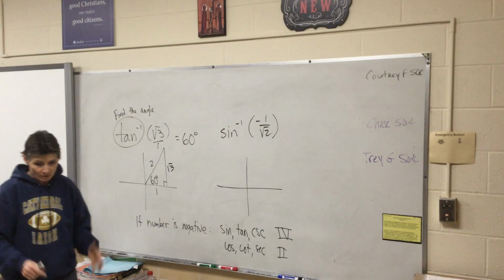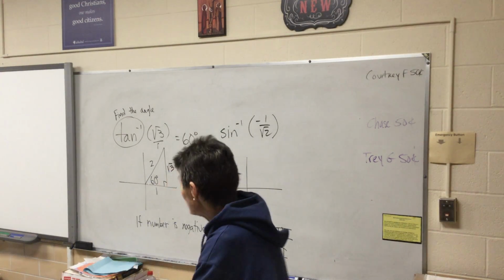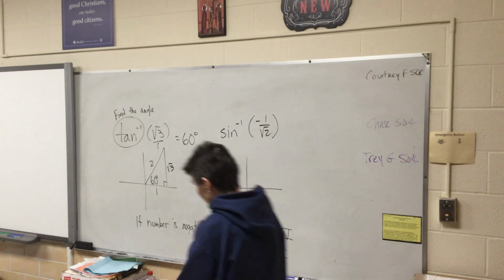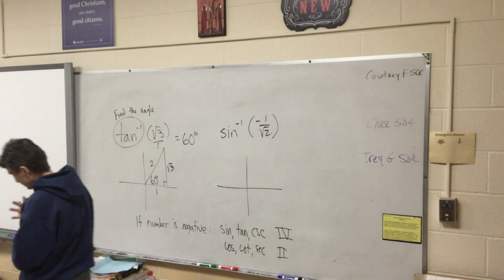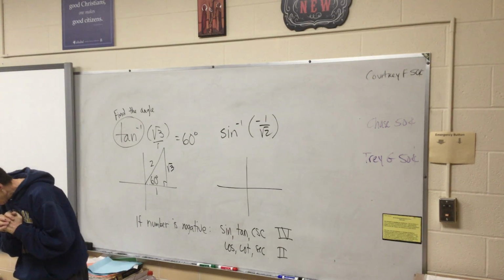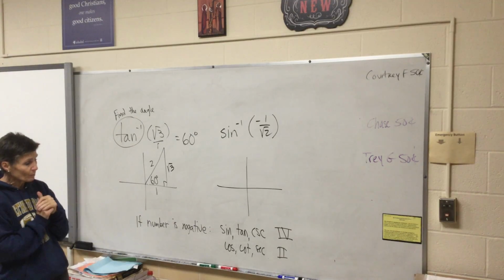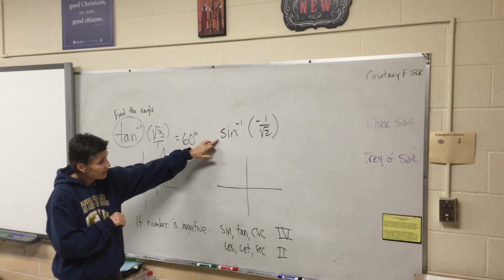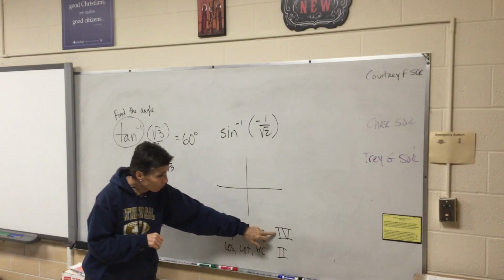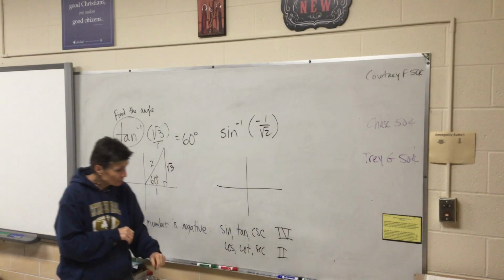So remember, if the number is positive, you're going to draw it in quadrant 1 every time, no matter what. However, if the number is negative, we have these rules we have to follow. If it's a sine, it's going to be in quadrant 4. If it's a cosine, it's going to be in quadrant 2.